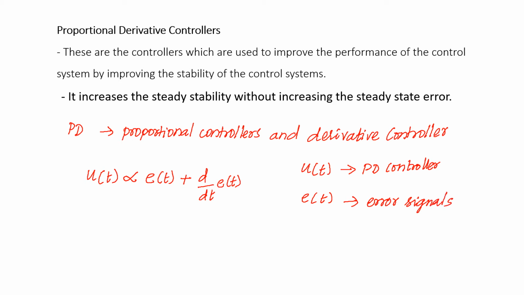Now also we are supposed to remove the proportionality symbol. How is it possible? We can remove the proportionality symbol by applying a constant to the above equation. Therefore, U of t is equal to K, applying a constant for the error signal, and also a constant for the derivative signal, d by dt of E of t.